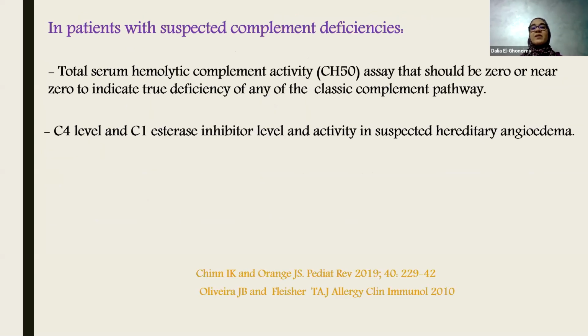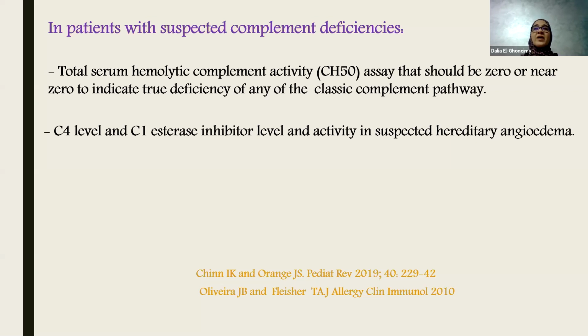In patients with suspected complement deficiencies, like recurrent meningitis, recurrent osteomyelitis with certain organisms like pneumococcal infection, we do total serum hemolytic complement activity. But this is a very important note: to consider a true deficiency of the classic complement pathway, the result should be 0 or near 0, because this test is very sensitive to handling.